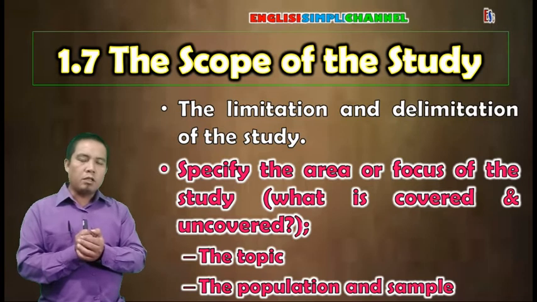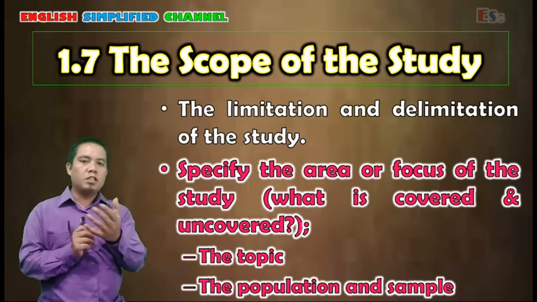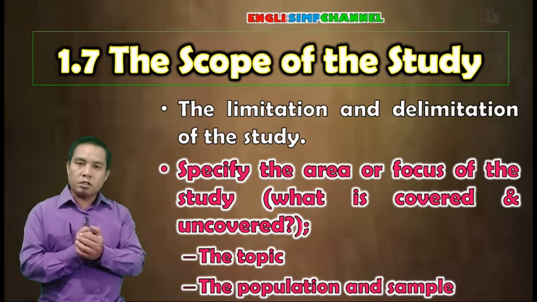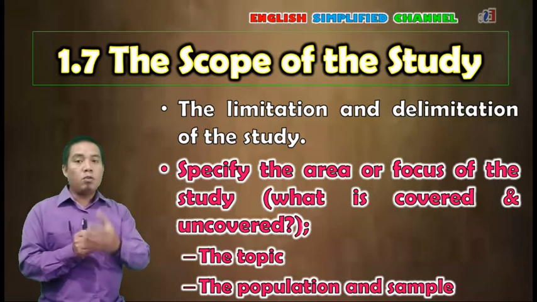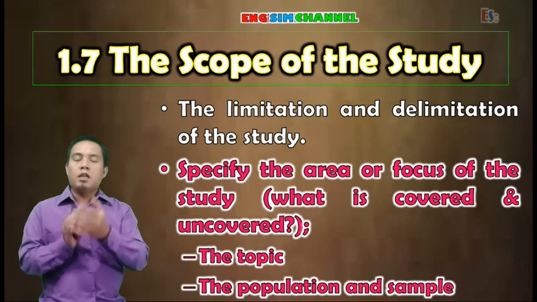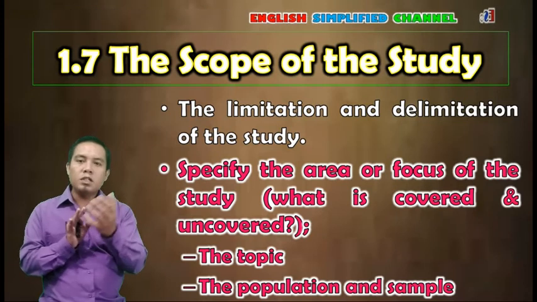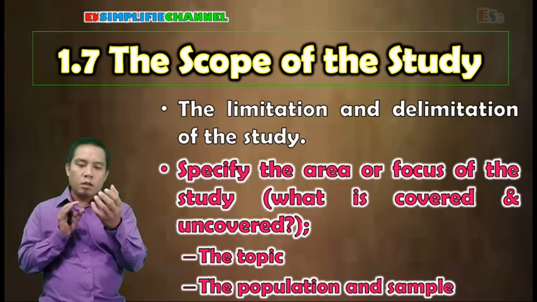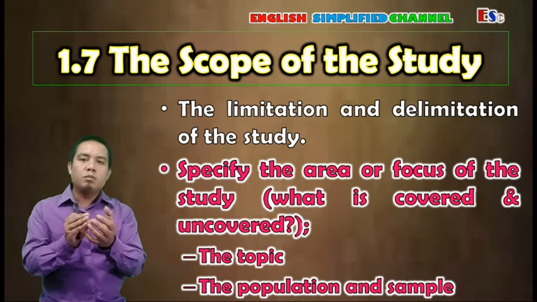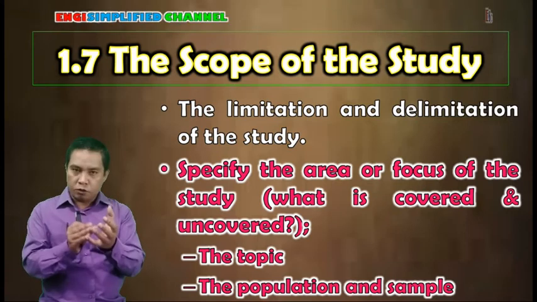For example, let's say you want to research English tenses. As you know, there are 16 tenses of English. So the question, are you going to cover the 16 tenses or not? If not, you need to mention, for example, that your research only focuses on simple present tense.